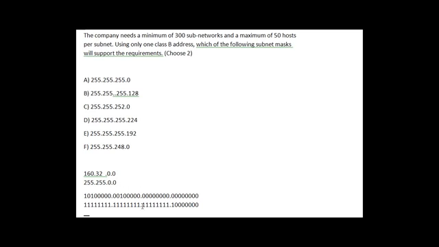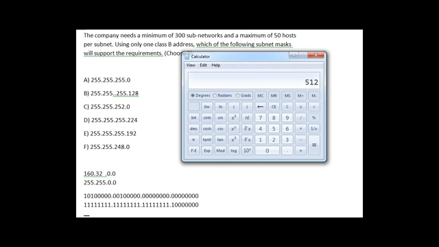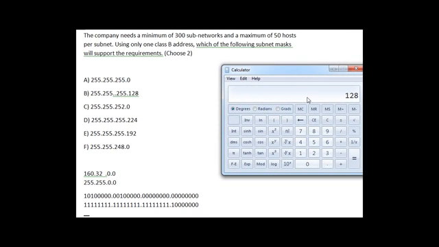So these subnet bits that we've borrowed from our original represent a possibility of 512 subnets. Now, what about the zeros? This represents the hosts. We've got 7 bits of hosts here, so 2 to the 7th power equals 128 hosts. That's plenty if we need a maximum of 50 hosts.